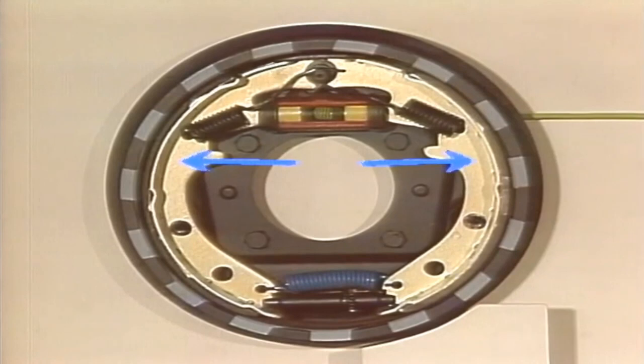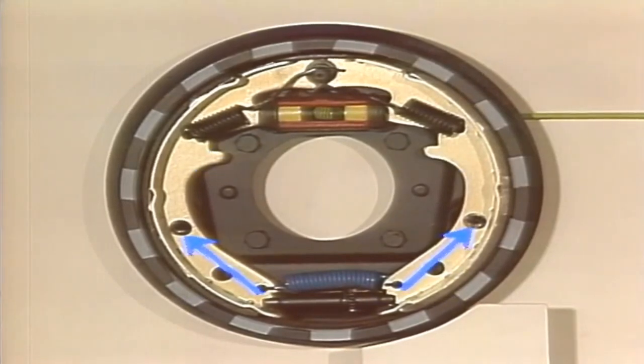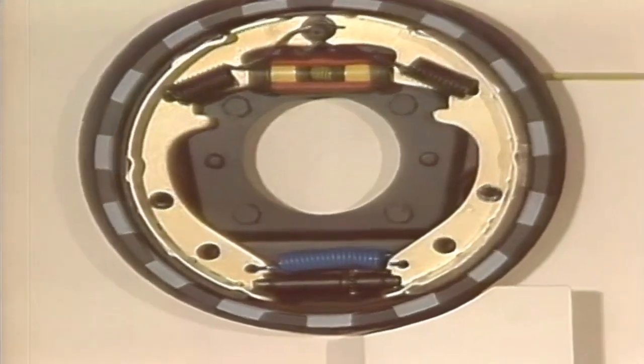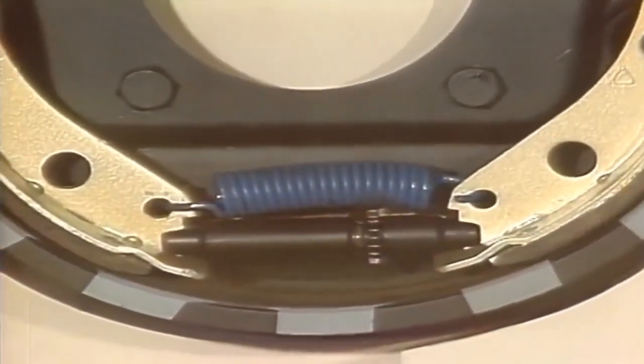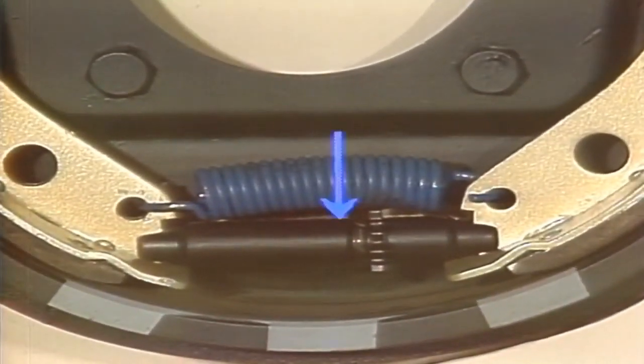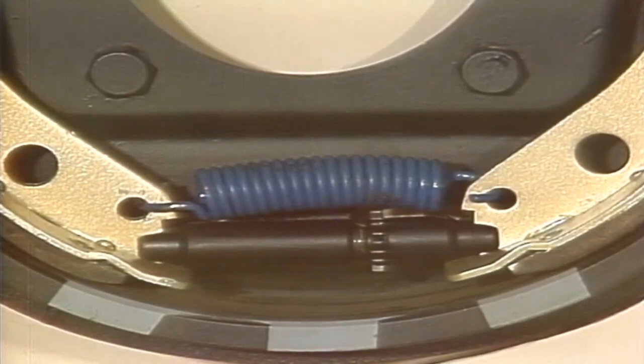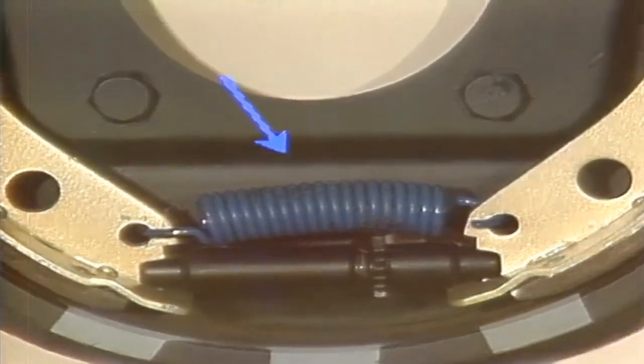These brake shoes are retained by springs, so they are fully floating and self-centering. The base of the shoes engages an adjusting screw, often called a star wheel, and is coupled to it by a return spring that also helps pull the shoes away from contact with the drum.